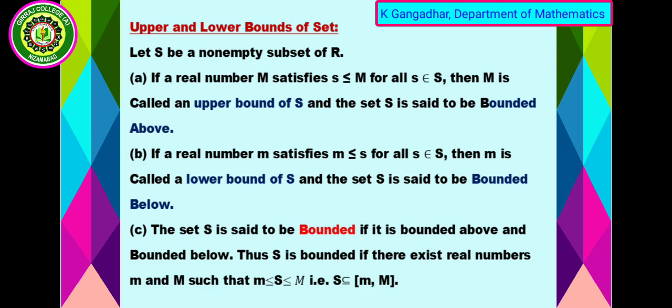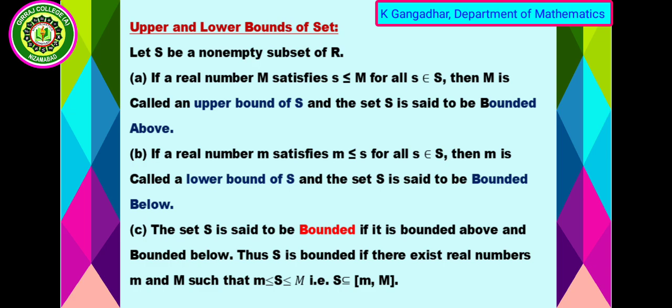If a set has an upper bound, it is bounded above; if it has a lower bound, it is bounded below.